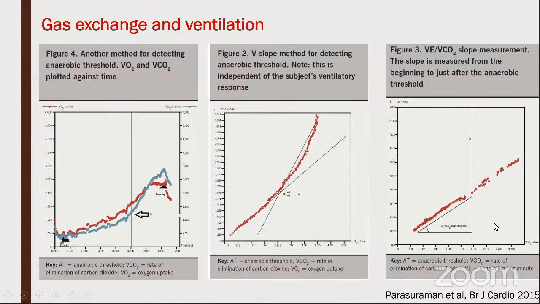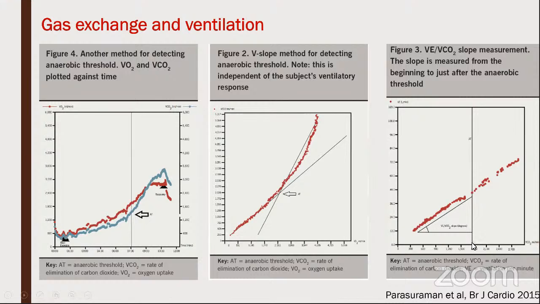The last graph demonstrates the metabolic efficiency, the so-called VE-VCO2 slope. This is an angle plotted from the start of the exercise and measured up to the threshold point.